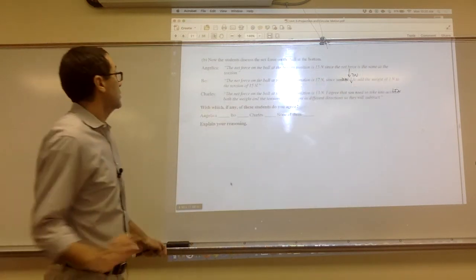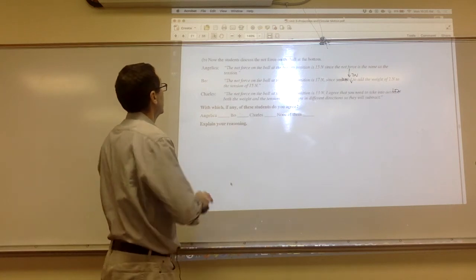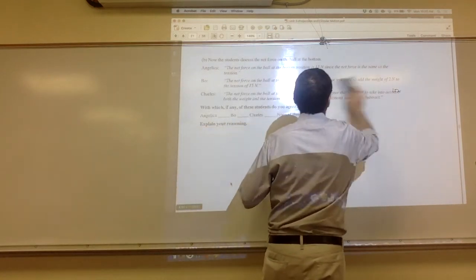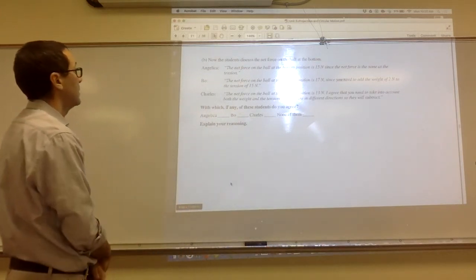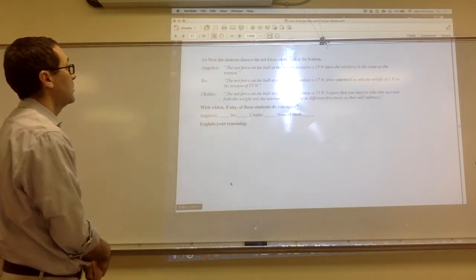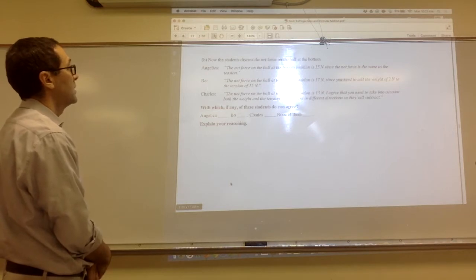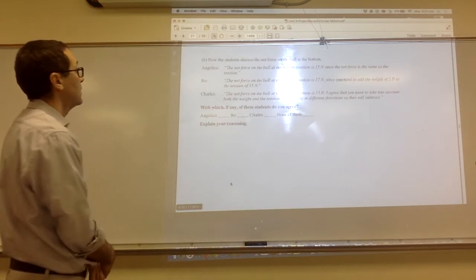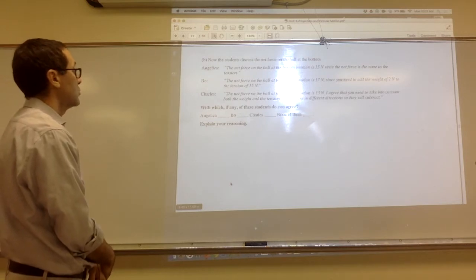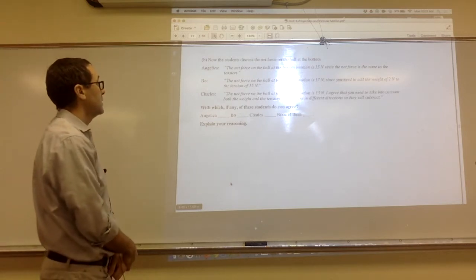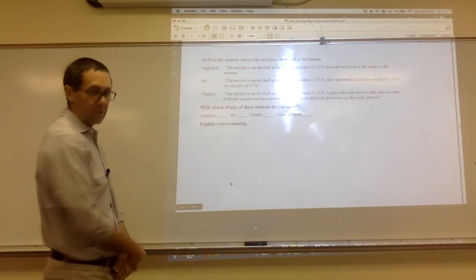All right, the next question. Now the students discuss the net force at the bottom. Well, at the bottom, the first says the net force on the ball at the bottom is 15 newtons. That's not true. Another says the net force at the bottom is 17 newtons. I don't think that's true either. Okay. The third says the net force on the ball at the bottom is 13 newtons.